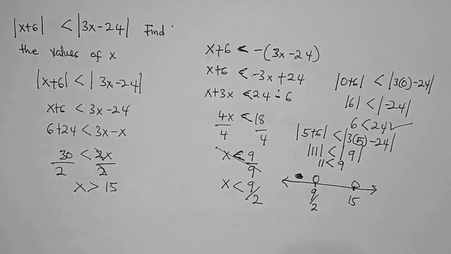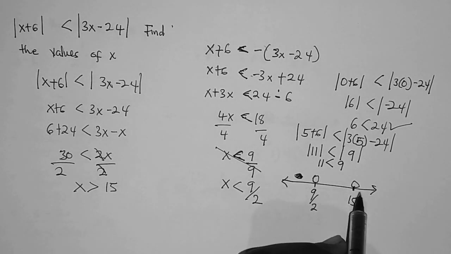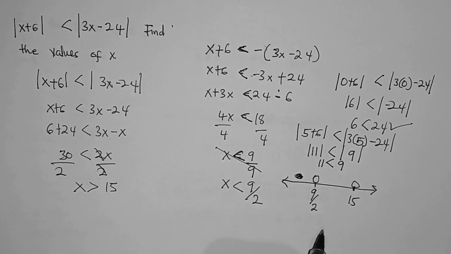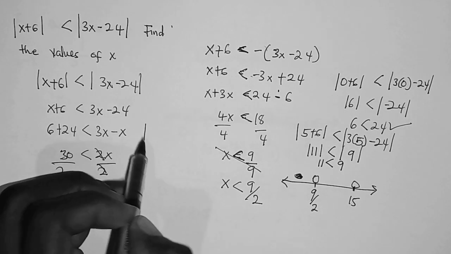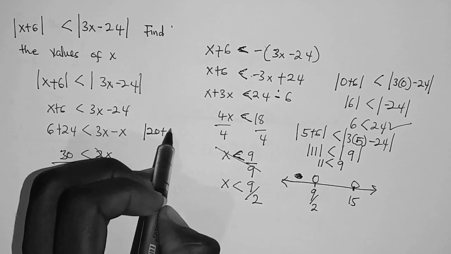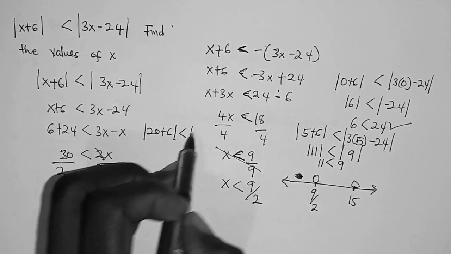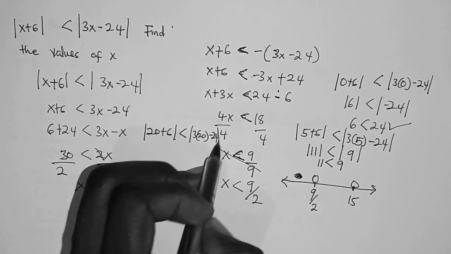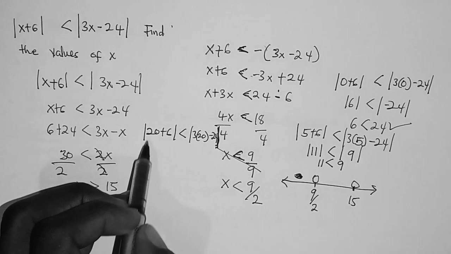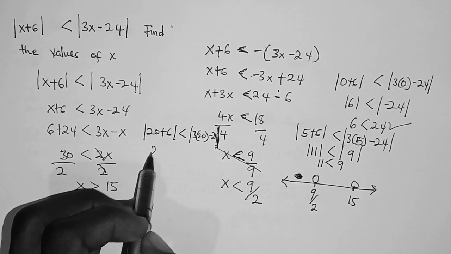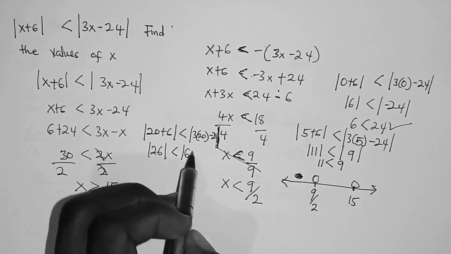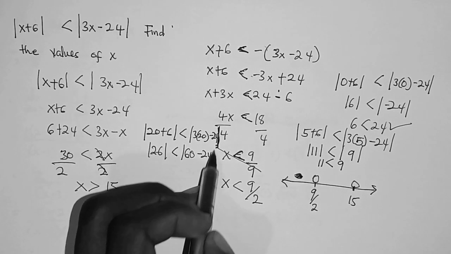Now let's take values greater than 15. For example, let's take a value like 20, because 20 is greater than 15. So it becomes absolute value of 20 plus 6 less than absolute value of 3 times 20 minus 24. So 20 plus 6 is 26 less than 3 times 20 is 60 minus 24.